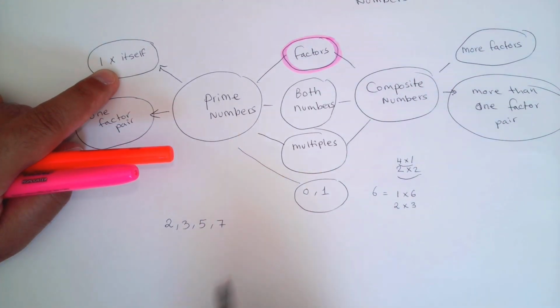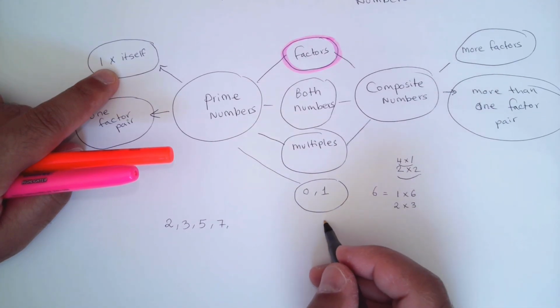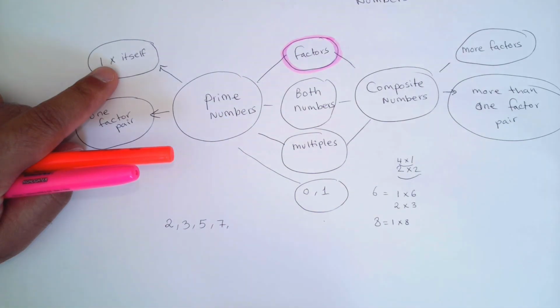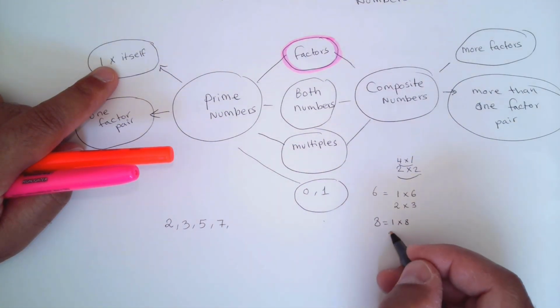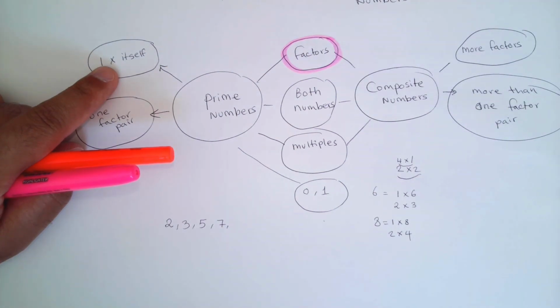So it is a prime number. Okay. How about 8? 8, I can get it by 8 times 1. But is that the only way I can get 8? No, I can get 8 by 2 times 4. So that makes it a composite number.